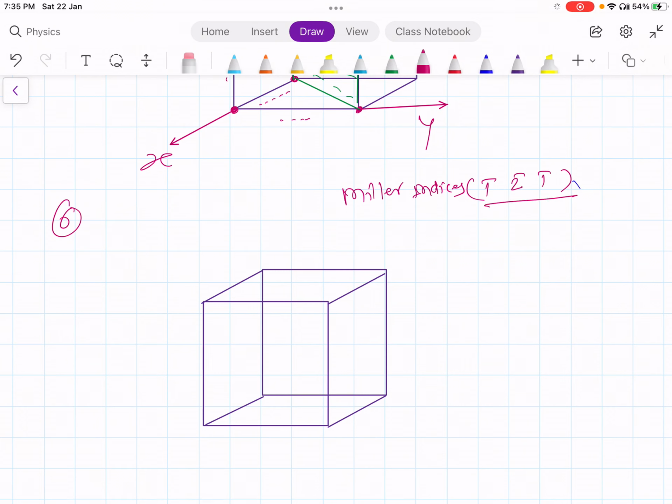If these are the Miller indices, then intercepts are -1, -half, and -1. So here all the three intercepts are negative.